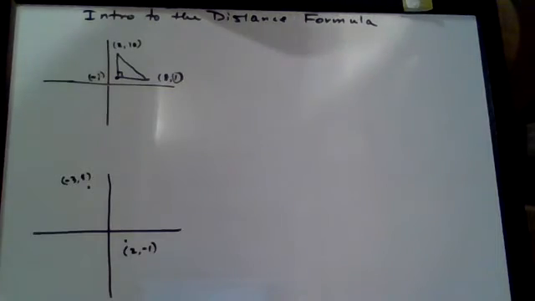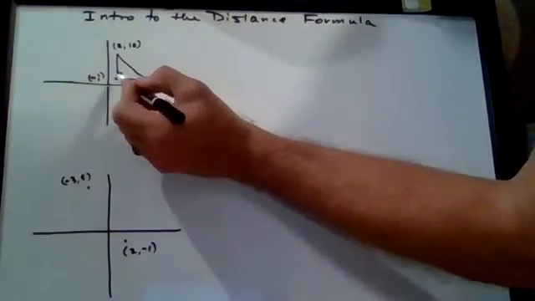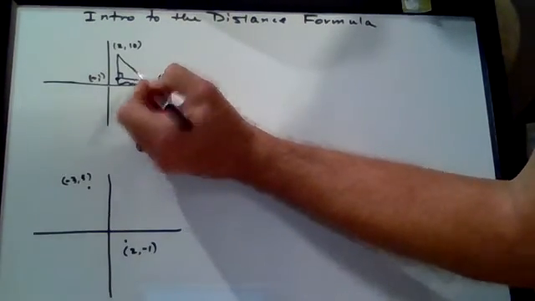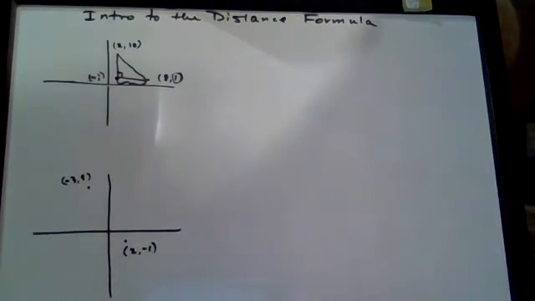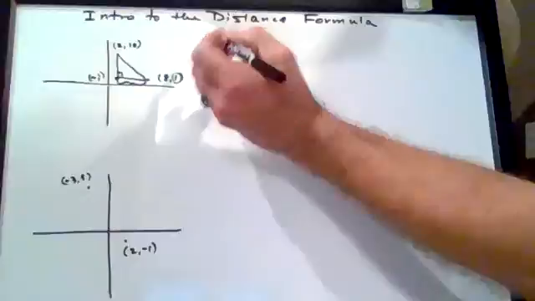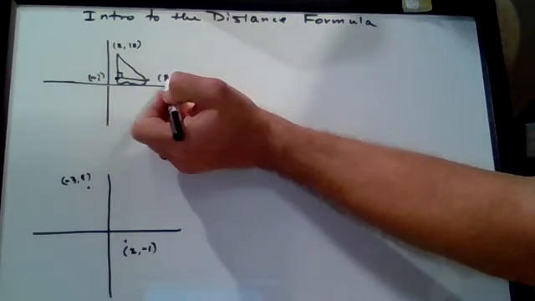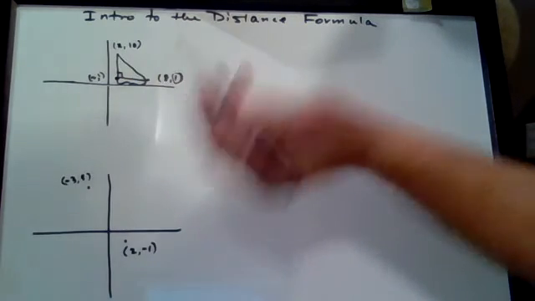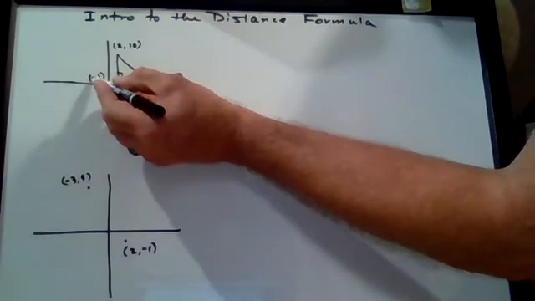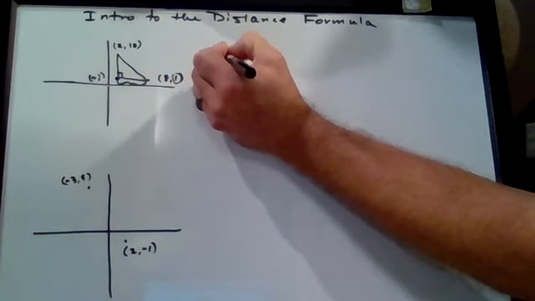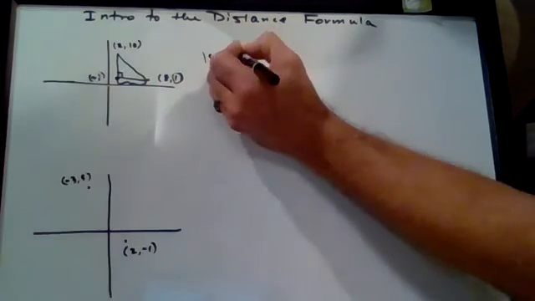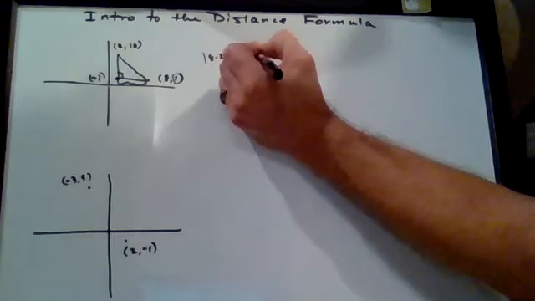Okay, so in our last lesson, we learned how to calculate the distance on either a horizontal or a vertical line. And that is if we take the difference of those 2 points and take the absolute value of it. So the difference of 2 and 8, we can do 8 minus 2 with the absolute value, which is the absolute value of 6.